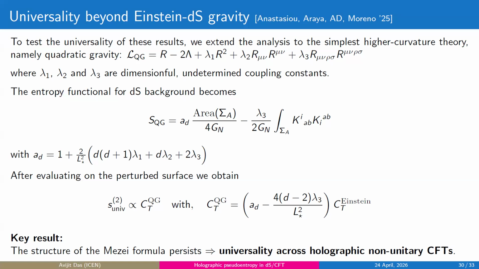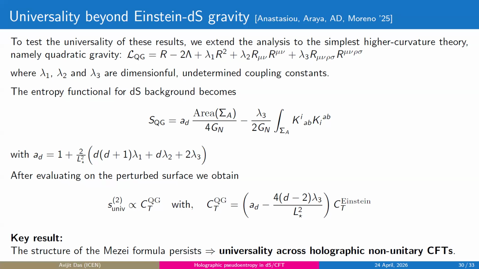So once you take all of them to 0, it will go to the Einstein CT. That's why you see the CT of higher curvature is related to the CT Einstein through the coupling coefficient. So hence we have proven that for higher curvature gravity also the structure still holds.